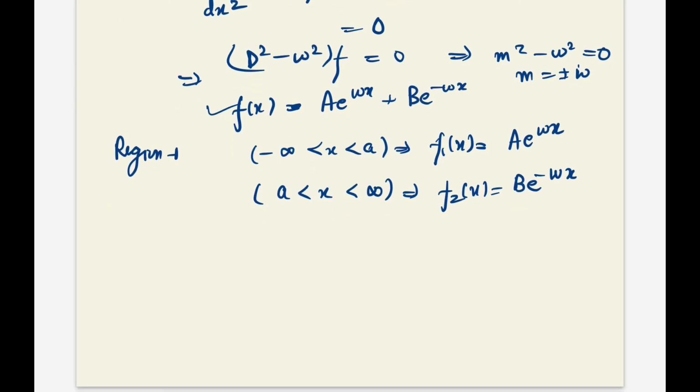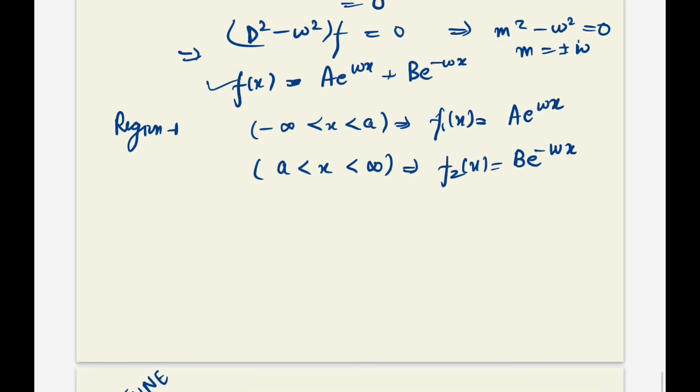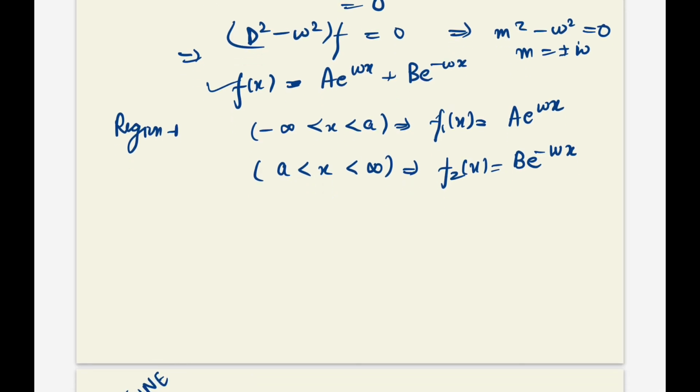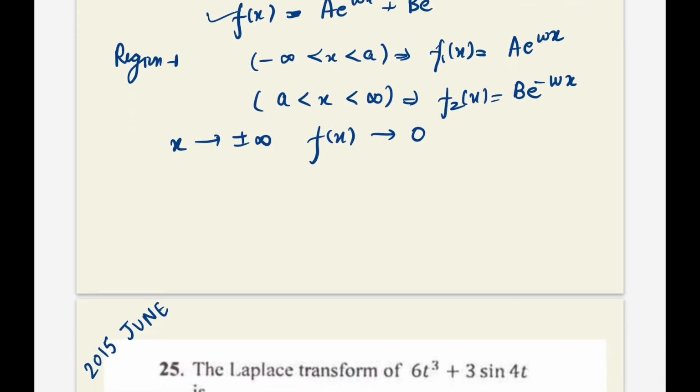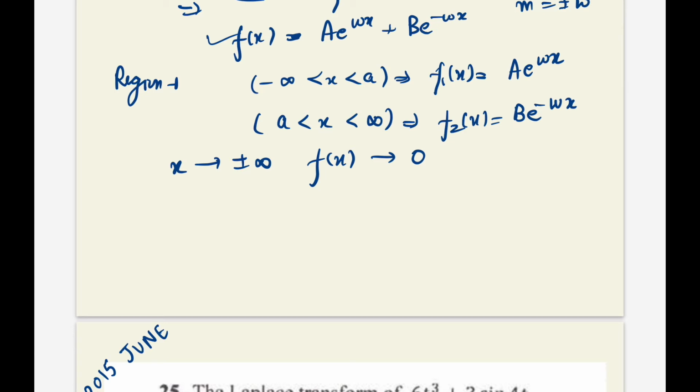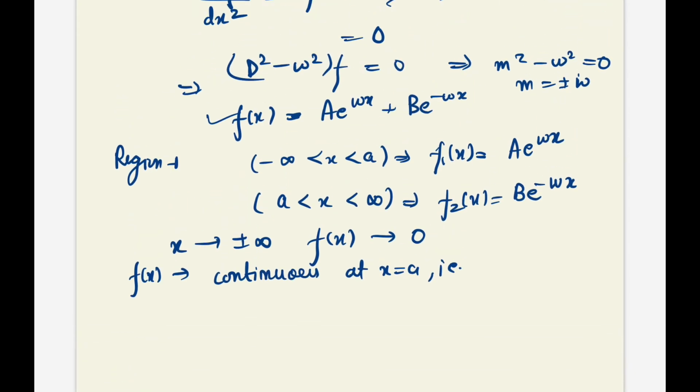Now the above form of solution is taken because, for the existence of the Fourier transform, as I have already told you, when x tends to plus minus infinity, f(x) must tend to 0 for the solution to exist. Now f(x) should be continuous at x equals a, that is f1 at x equals a equals f2 at x equals a.